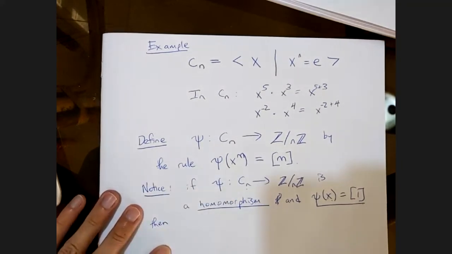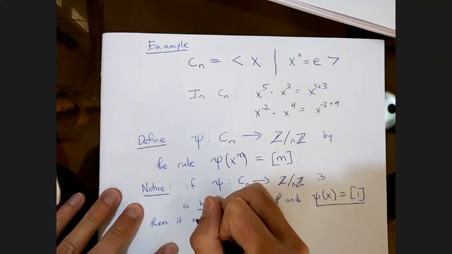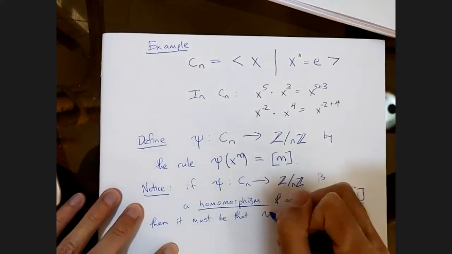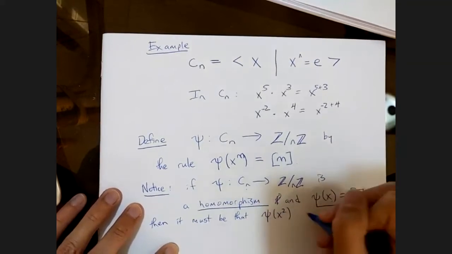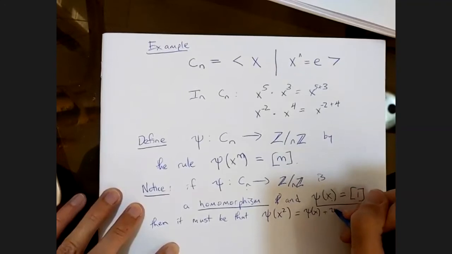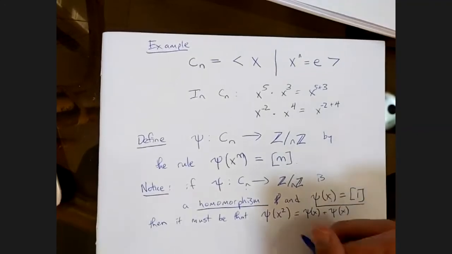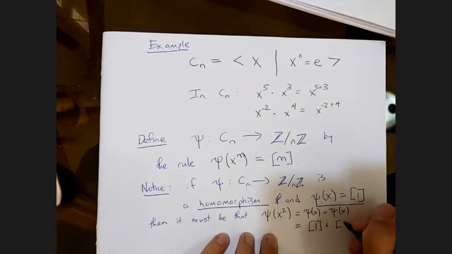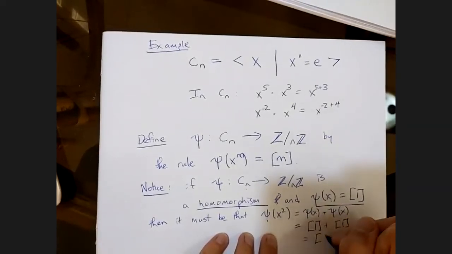Then, for example, it must be that psi of x squared is just psi of x plus psi of x. That's just the equivalence class of 1 plus the equivalence class of 1, which is the equivalence class of 2.